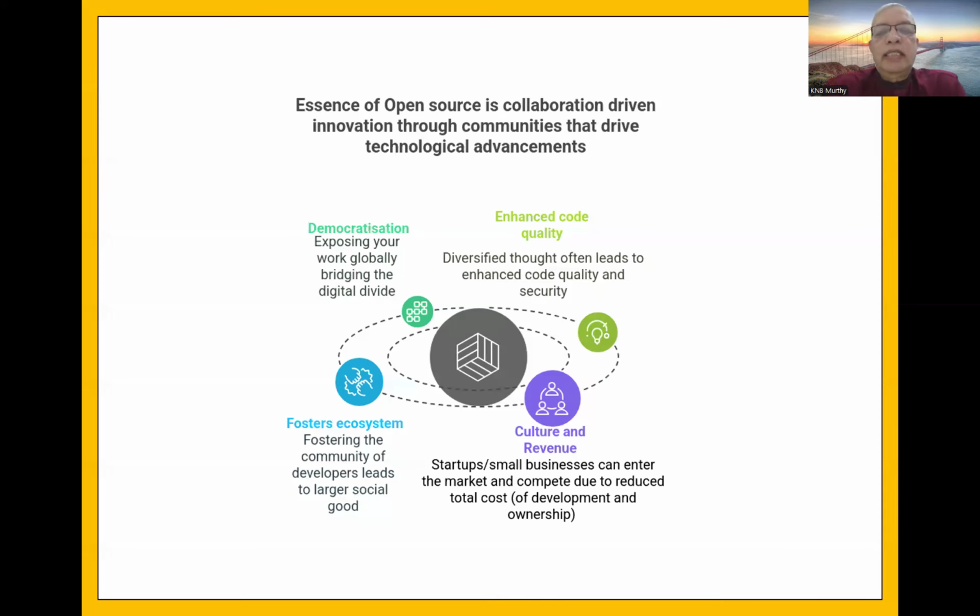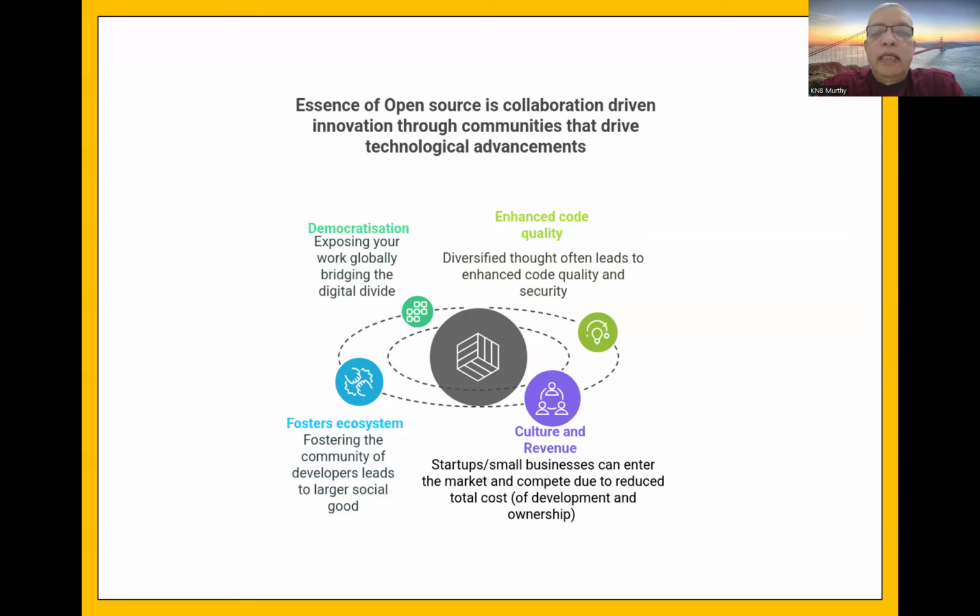If we look at the essence of open source, it is nothing but the collaboration-driven innovation through communities that drive technological advancements. There are 4 points that we need to consider. One, democratization, wherein anybody across the globe can participate and reduce the digital divide.